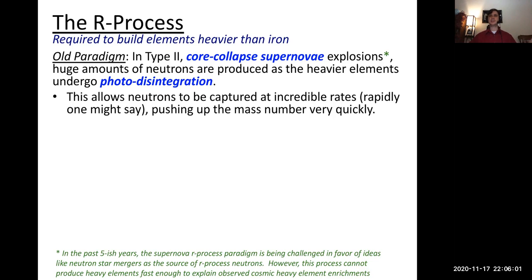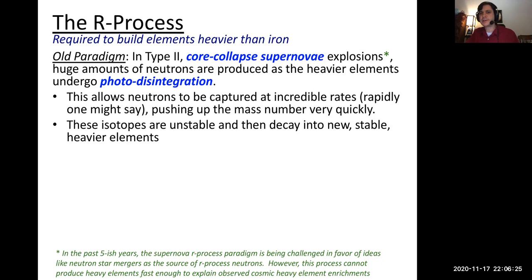It's basically like pouring a whole pile of neutrons on atomic nuclei all at once. So you're going to dump a whole bunch of neutrons onto a single atomic nucleus, which is going to really jack up the mass number, but keep the element number the same, and create some pretty crazy radioactive materials.